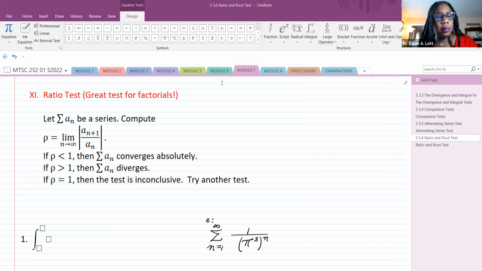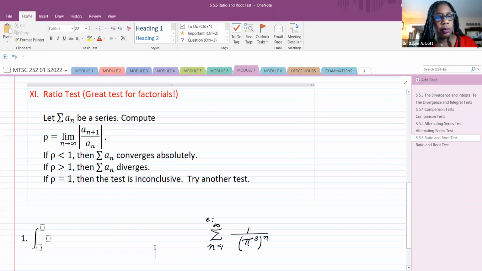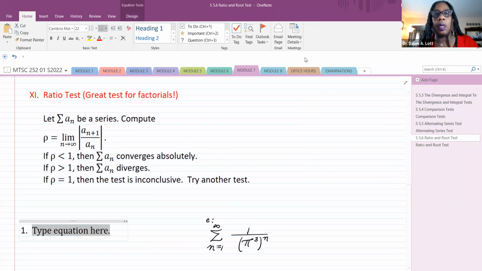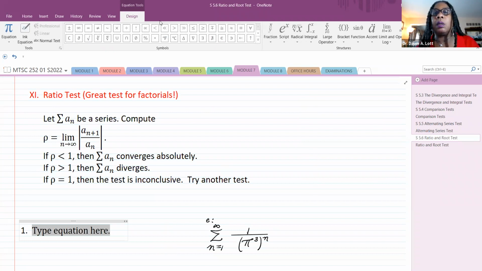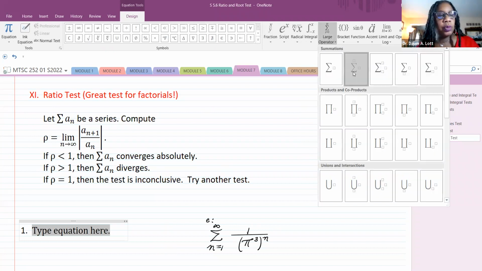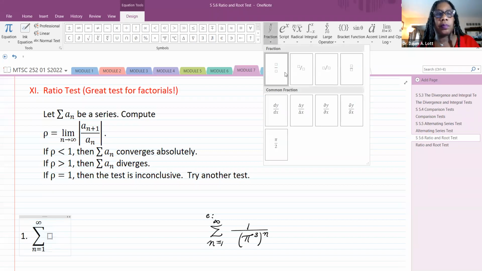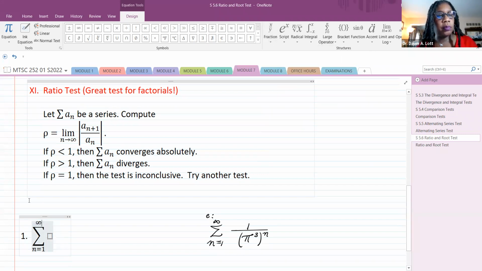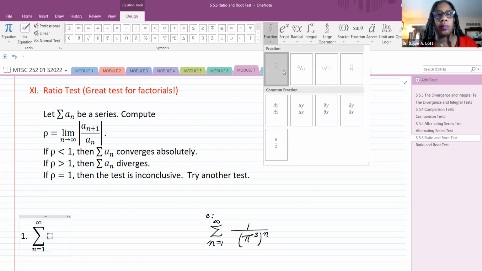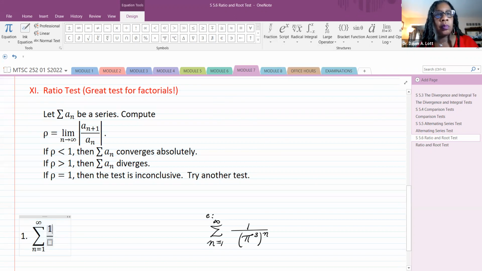I don't know how I got an integral. I want a sum. All right, the sum from n equals 1 to infinity of 1 over pi cubed to the n.